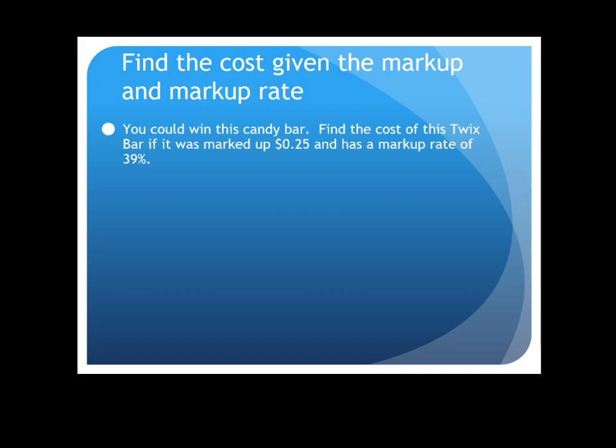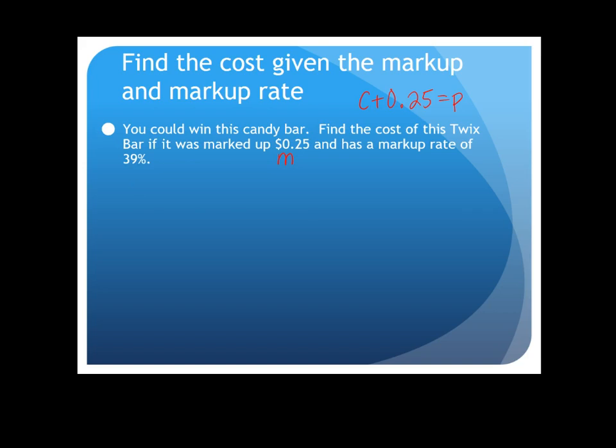So it was marked up 25 cents, so that's the M. And I need to find the cost. I know it was marked up 25 cents to give us the new price, right? The markup rate was 39%.